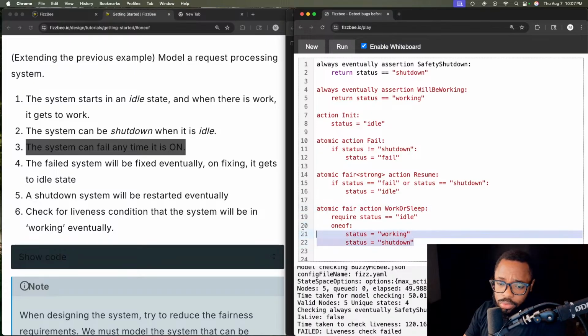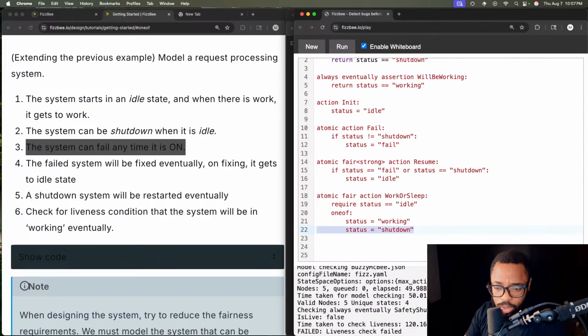Well, it's one off. Right? It's one off, so the system can choose to always go with shutdown, but not. Okay, which one is failing?